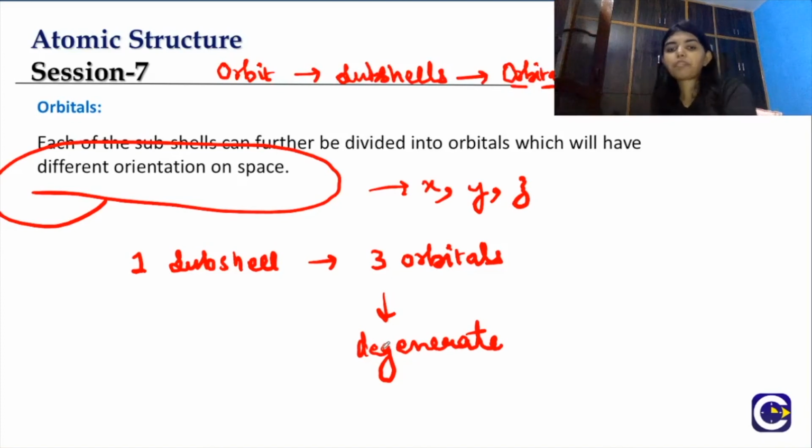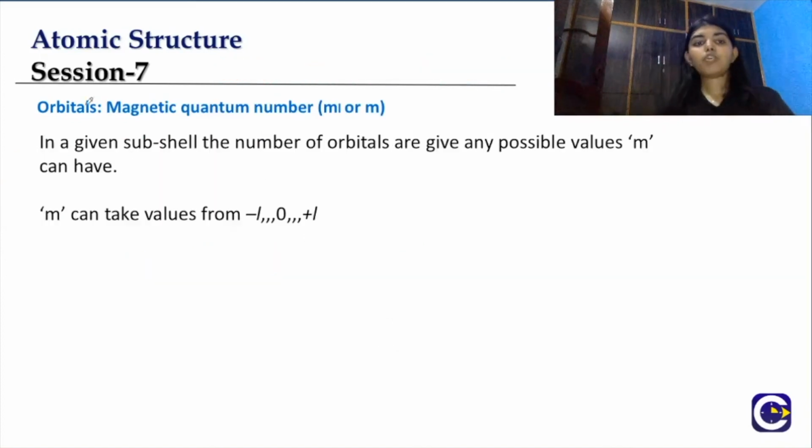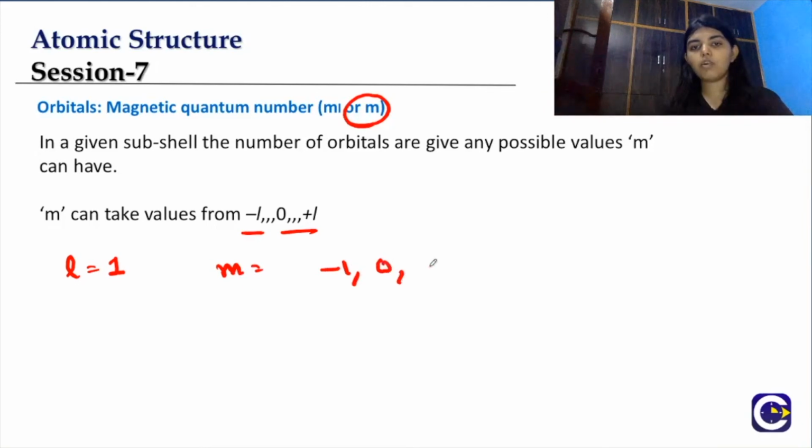So orbitals are explained by the magnetic quantum number, that is m or ml. What are the possible values of m? Minus L to plus L. For example, if L equals 1, m will have a value of minus 1, 0, plus 1.